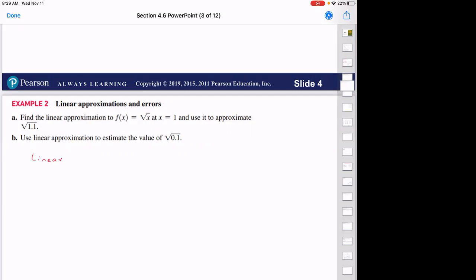So first find the linear approximation. Then we can do other things. L(x) equals what? f(a) plus f prime(a) times (x minus a), where a is 1 here. So what do we need?